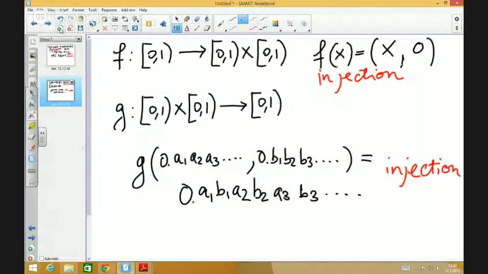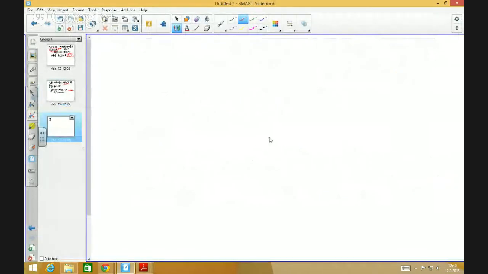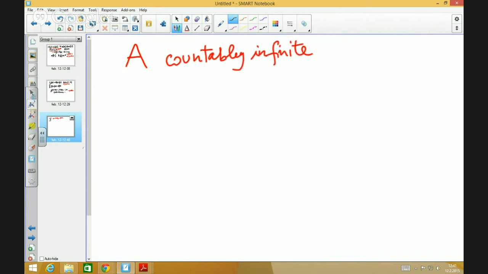Scratchpad. And of course, you at home should be thinking about this, beavering away at your own argument. So suppose I have a set A. Let's make it red because I had red set up. That's a countably infinite set. So what does this mean?